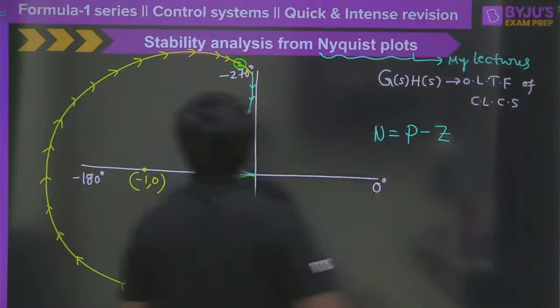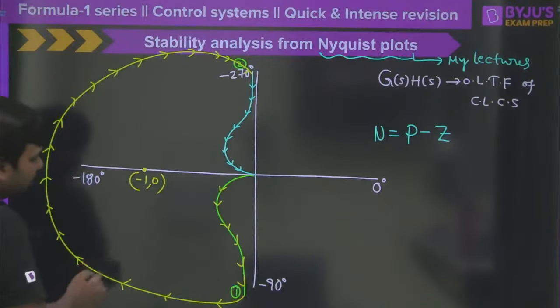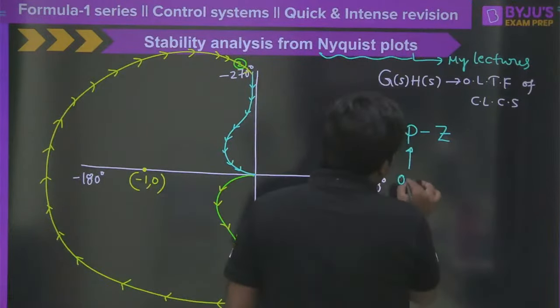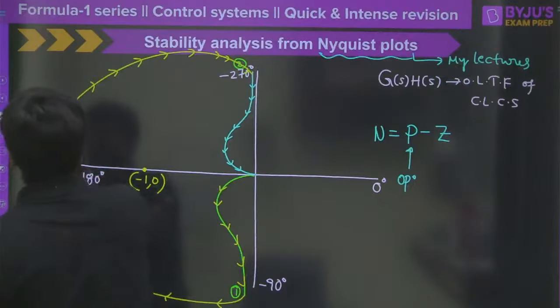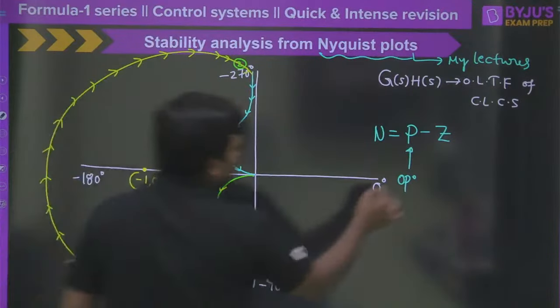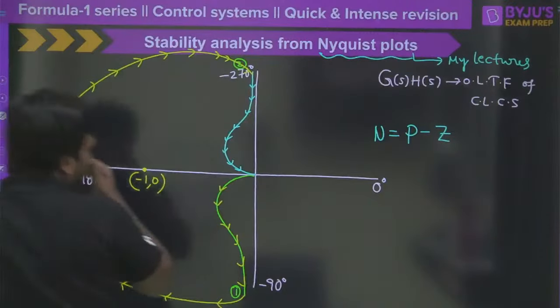And if you don't have that patience, then you need to go with this. Then look at the number of anti-clockwise encirclements about minus 1 comma 0, and in this case, this P is considered as open loop poles. Number of open loop poles in the right hand side. For the time being, let me write down, because this is an important formula.